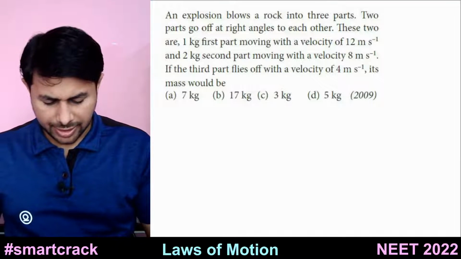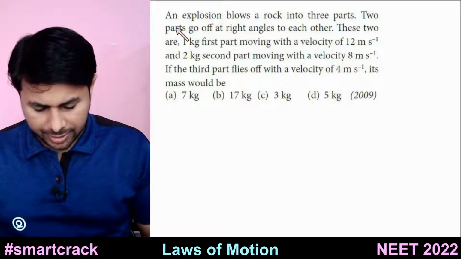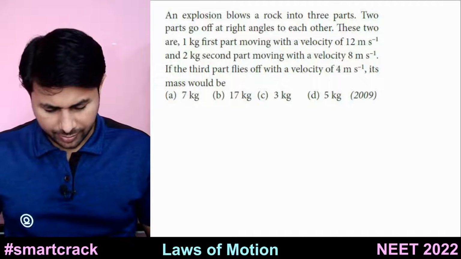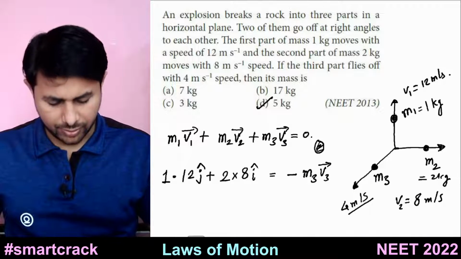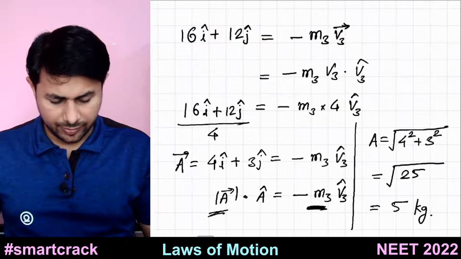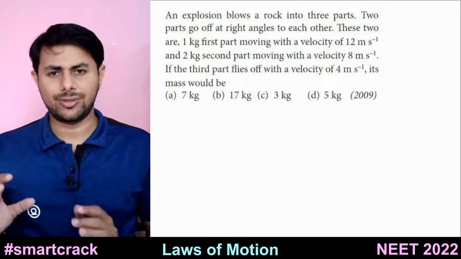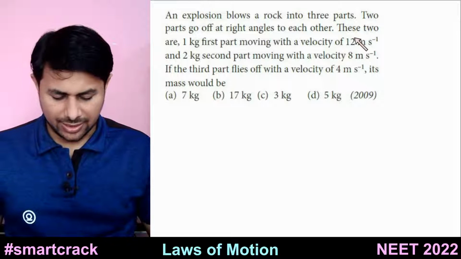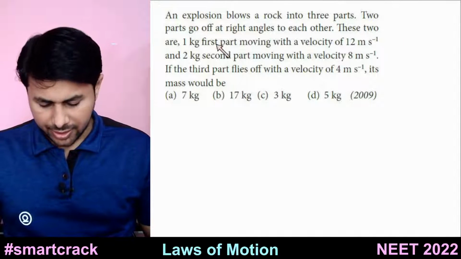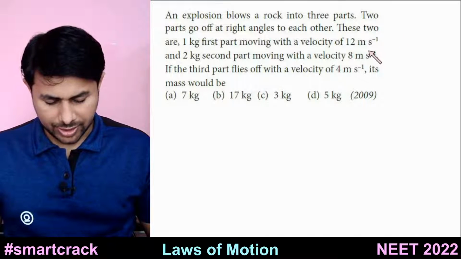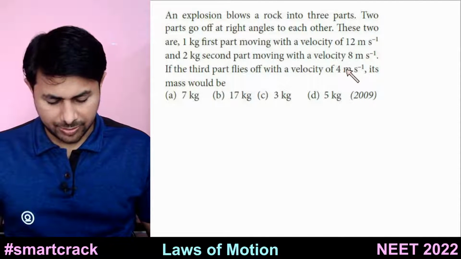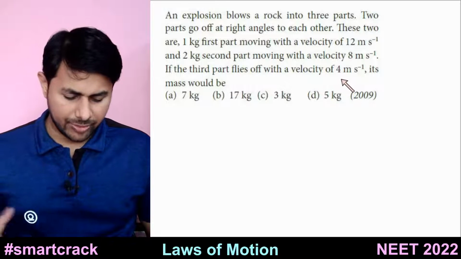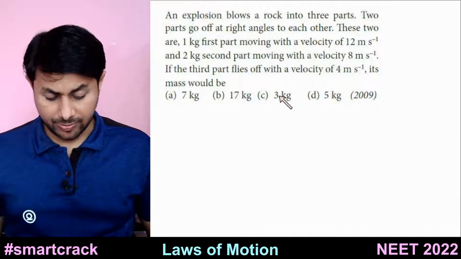All right, the next problem is: an explosion blows a rock into 3 parts. Is it the same one? No, this is from NEET 2013, and the previous one was from 2009. Two parts go off at right angles to each other: a 1 kg first part moving with velocity 12 meters per second, a 2 kg second part moving with 8 meters per second. The third part flies off with velocity 4 meters per second. Its mass would be what?